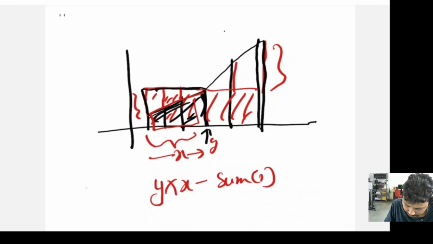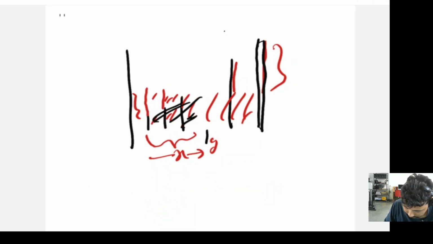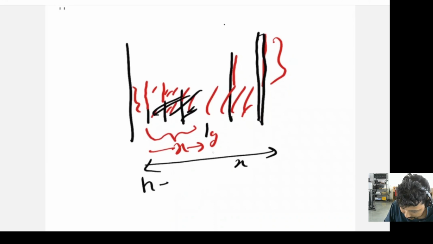By this you will get the left difference, and for the right difference, you will calculate the sum of all the points minus, suppose we have n values in total and this index is I, so n minus I will give you how many points we have here, minus the sum of these points.